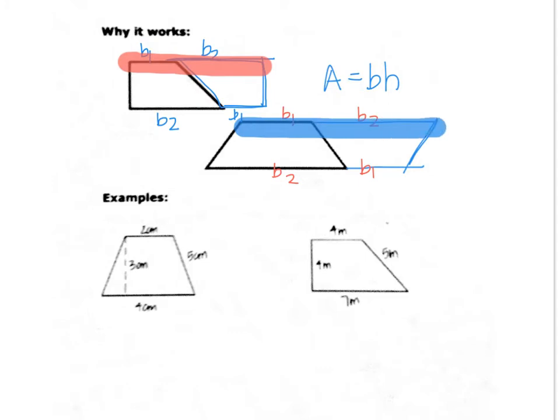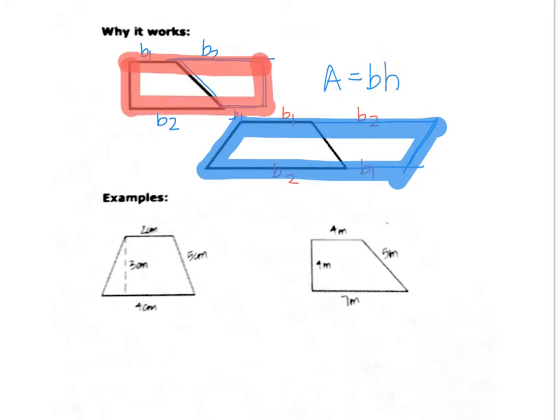I need that super base. That gives me, if I were to extend the rectangle, it gives me the parallelogram, but again, I only need half of it. So that's why we have to add those two together. We get an average of them. We divide it in half after we multiply it by the height, and then we would have the area of a trapezoid.